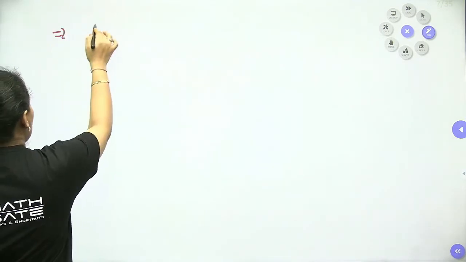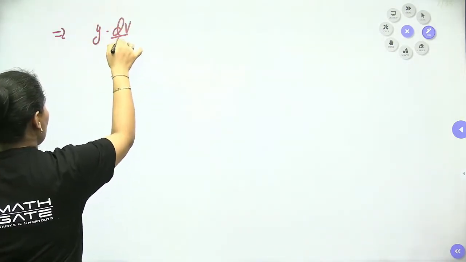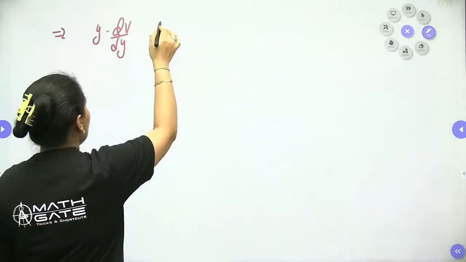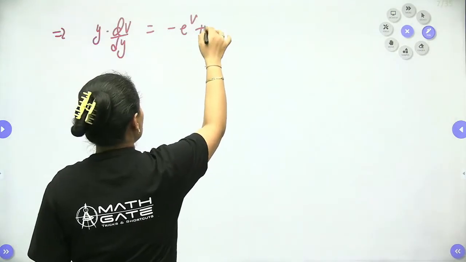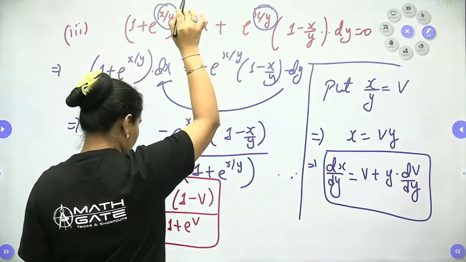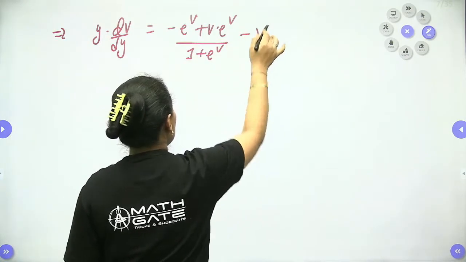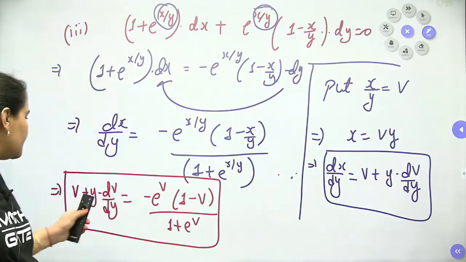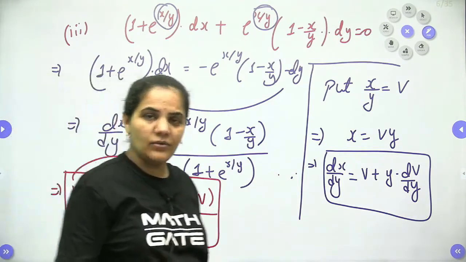So let me write down, it will become y into dv by dy equals minus e to the power v plus v into e to the power v, divided by 1 plus e to the power v, and minus v. What I did, I just transferred v to the right hand side only, right?